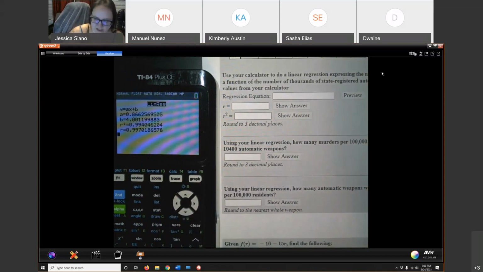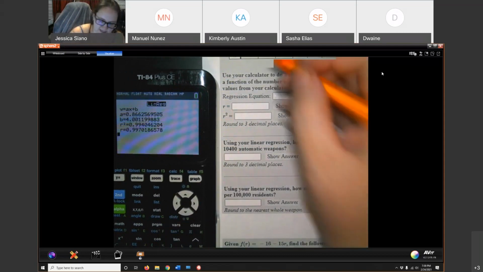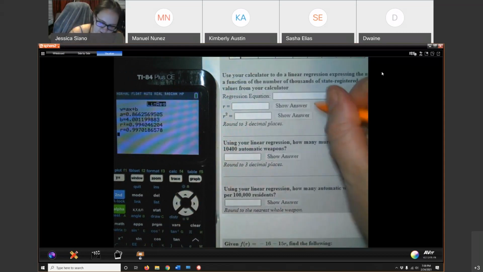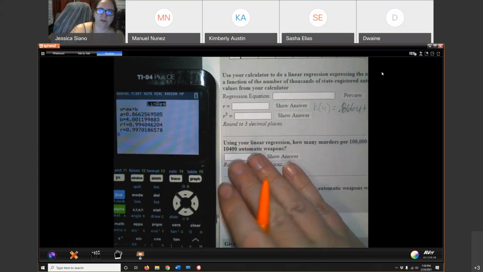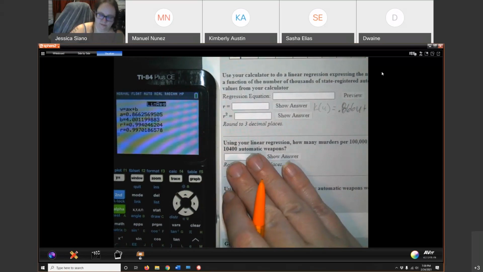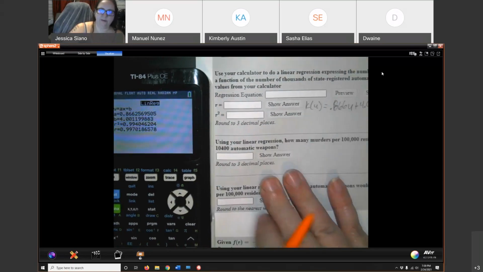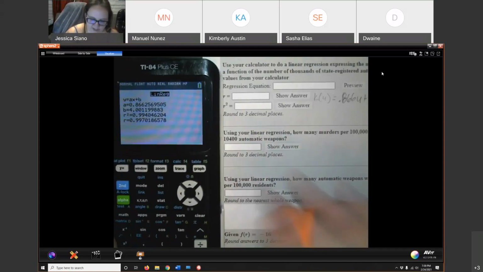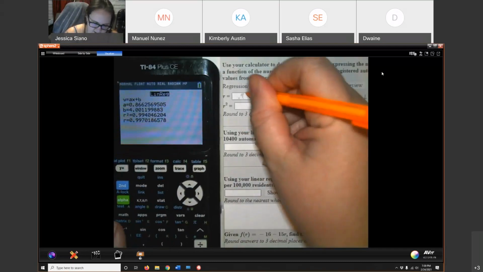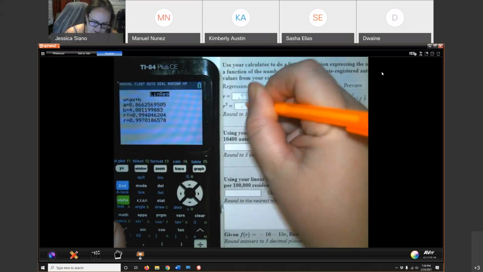And so the regression equation here is K of U equals 0.866U plus 4.001. And then my R value is 0.997, and my R squared value is 0.994.